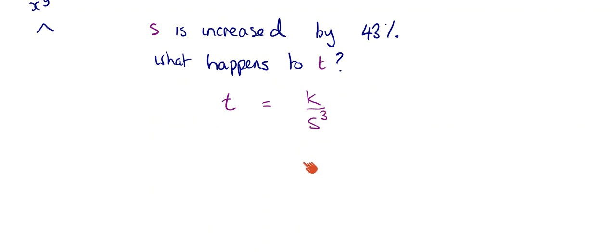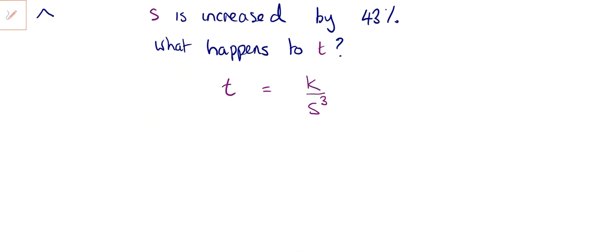Because I want to move on, I want to give you a chance to practice, people maybe at different levels. Let's have a look. So, sorry, I did do it the other way. If S is increased by 43%, you multiply by 1.43. What happens to T?